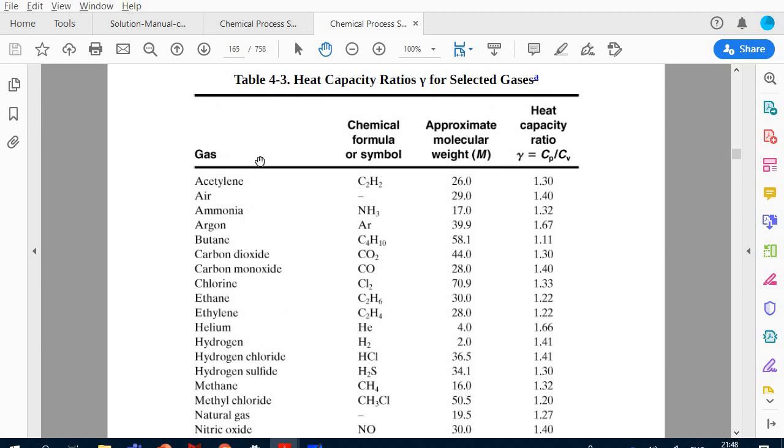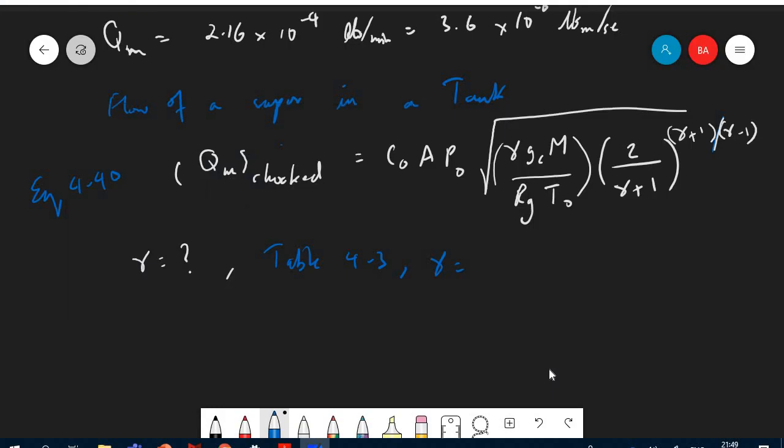So that's table 4.3, and if you go to H2S hydrogen sulfide, what is gamma? Gamma, which is Cp over Cv, is 1.3. So gamma here is equal to 1.3. So talking about gamma plus 1 over gamma minus 1, this is 1.3 plus 1, which is 2.3, divided by 1.3 minus 1, which is 0.3.